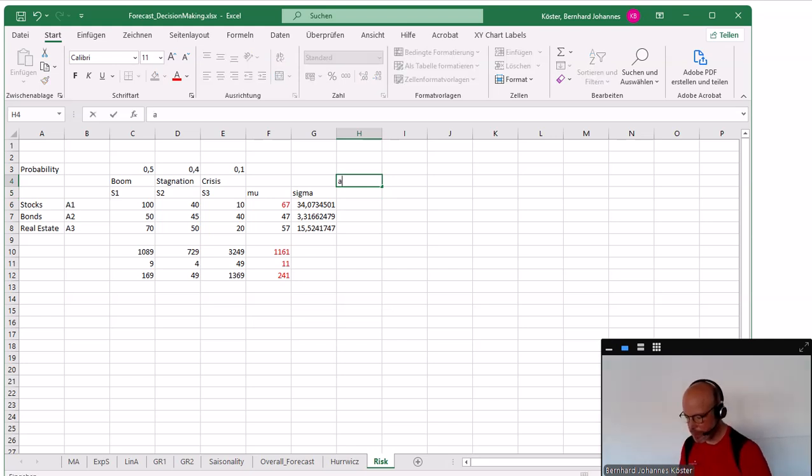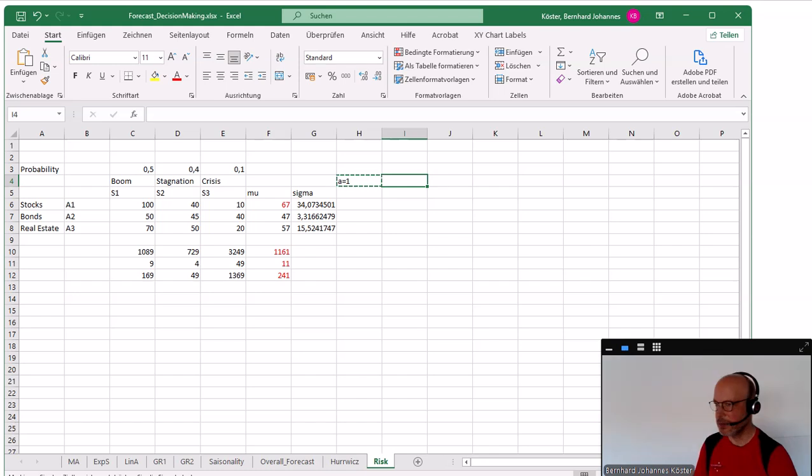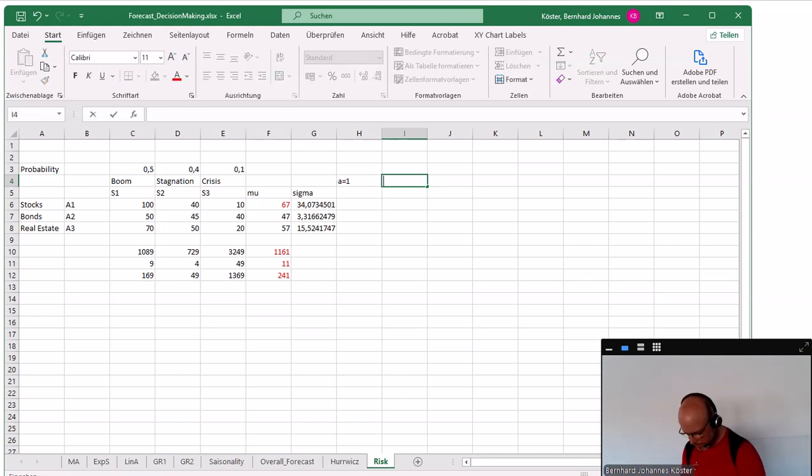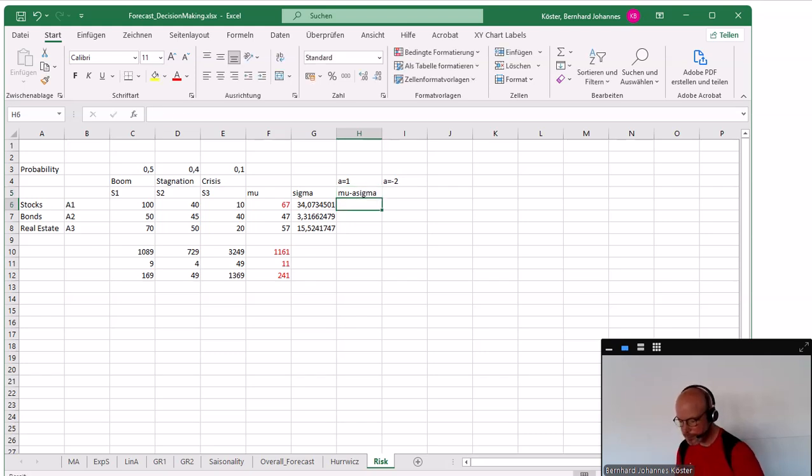Let's take a equals 1, and a risk-loving one, a equals -2. This would then be mu minus a sigma.